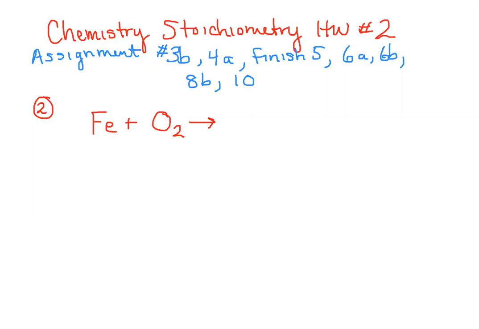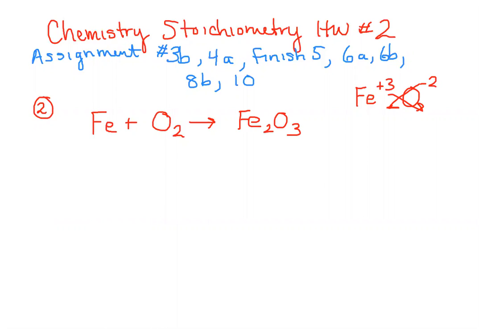And it makes iron 3 oxide. So that tells us that the charge on iron is 3. And from the periodic table, we know that the charge on oxygen is 2. So when we do this, iron oxide becomes Fe2O3.